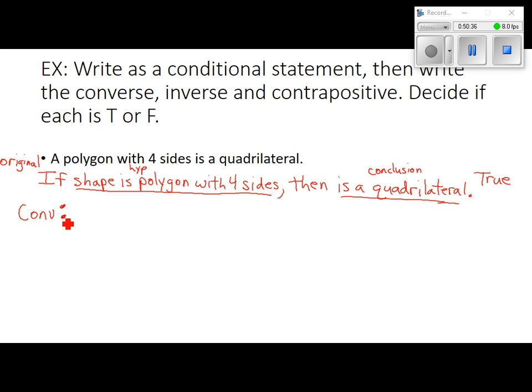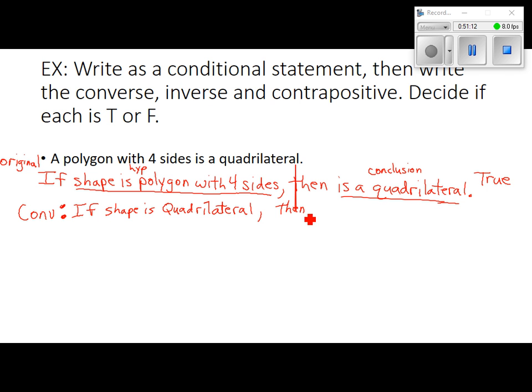If the shape. You got to remember in English class, you usually want your subject to be in the first part of the sentence. So even though this is part of the hypothesis, it needs to stay as that first part. So if shape is what? A quadrilateral. If a shape is a quadrilateral, then what?